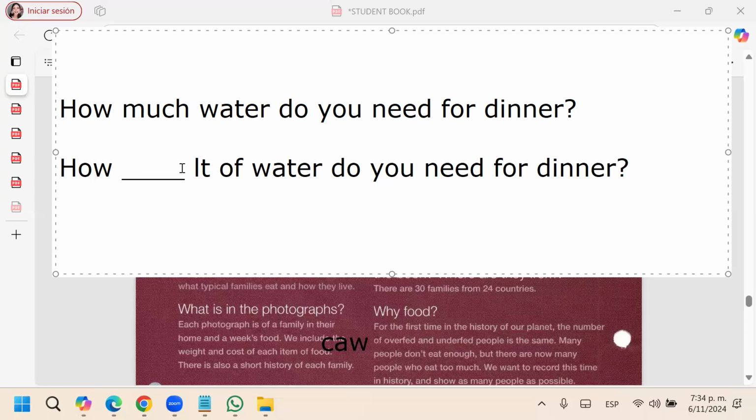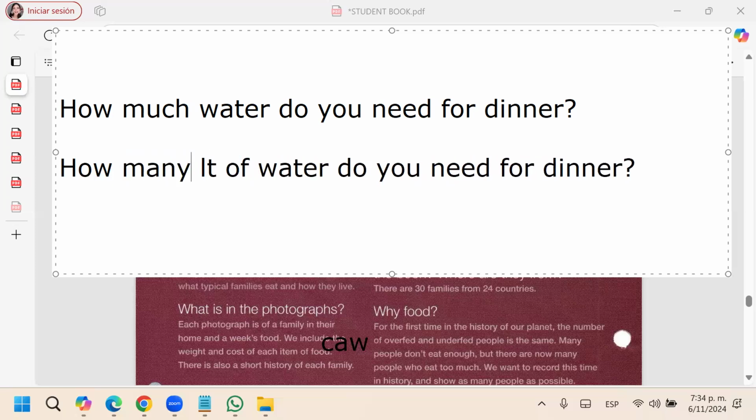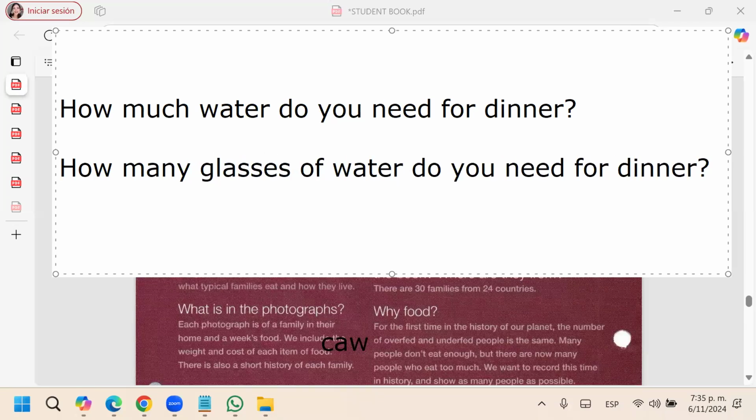How many? Because I can count them. 1, 2, 3 liters, 4 liters, 5, 10 liters, 20 liters of water. Yes. Or how many glasses of water? Or a container. Yes. So understand? Yes.